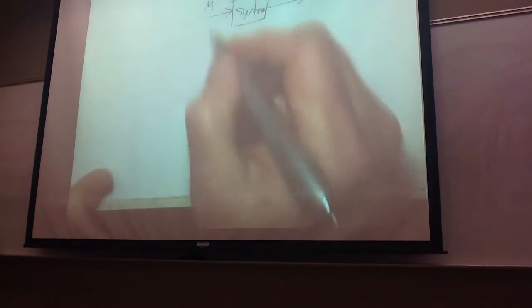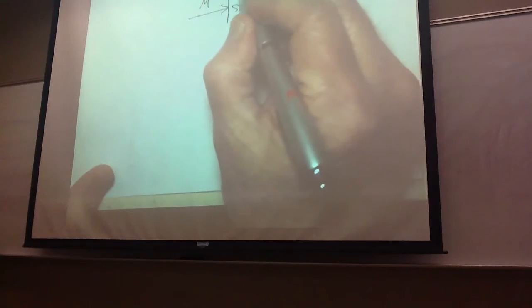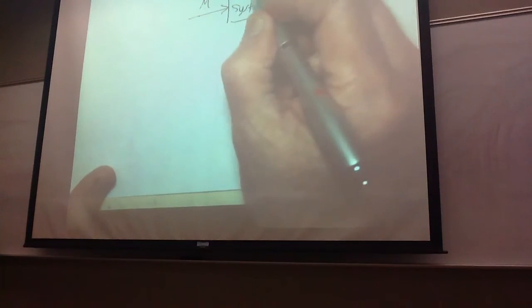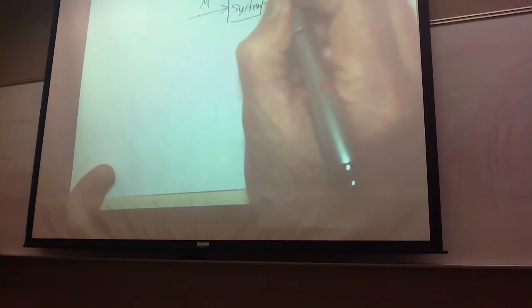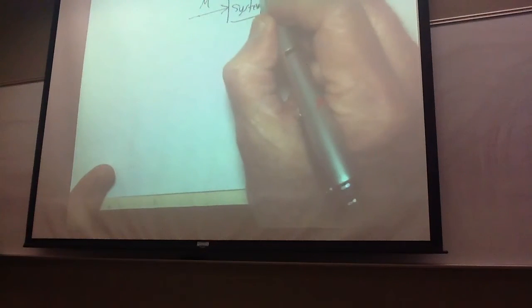I'm going to add something to this system. This has units of K. Might as well write the whole transfer function here. K e to the minus T naught S over RS plus.